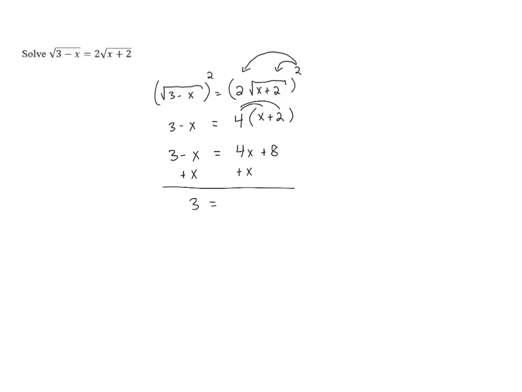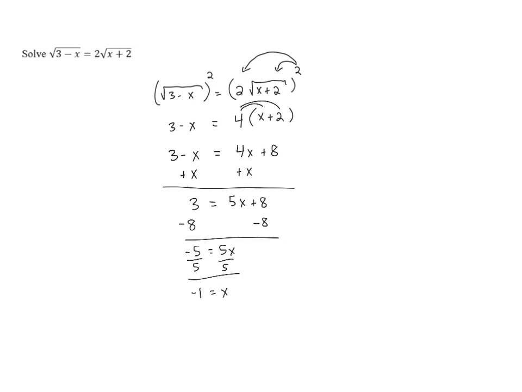This leaves us with 3 on the left and 5x plus 8 on the right. To get the x alone, we subtract 8 from both sides, giving us negative 5 equals 5x. And to get x alone, we divide both sides by 5, and this gives us negative 1 equals x.